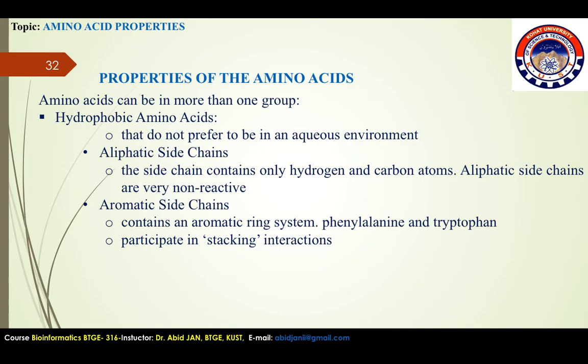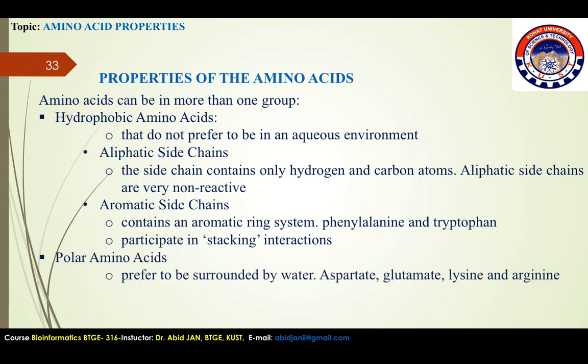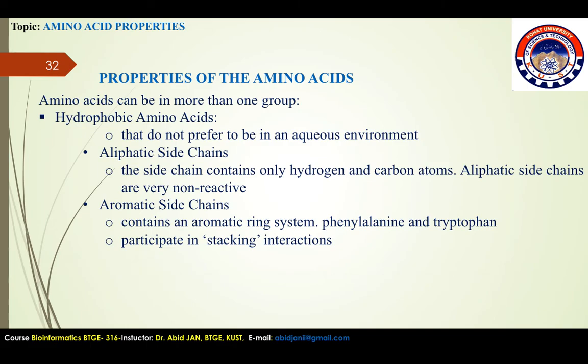The amino acids with aromatic side chain are phenylalanine and tryptophan. Aromatic residues have also been proposed to participate in stacking interactions. Here, numerous aromatic rings are thought to stack on top of each other.